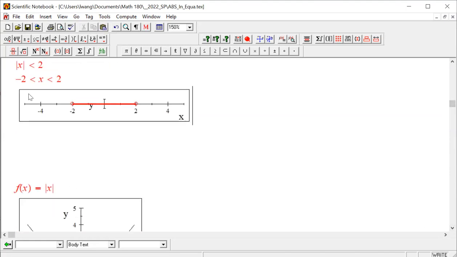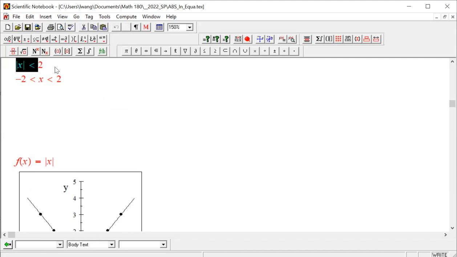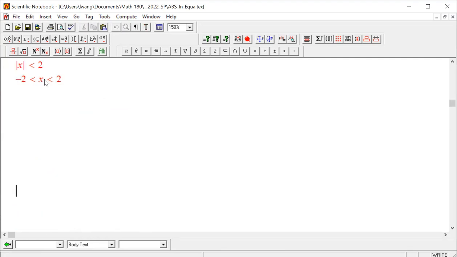But if you don't show the picture, if you show this much of work, that's great. That's fine too. So it's just one step, but it has so much meaning behind it. So this is a type of inequality.